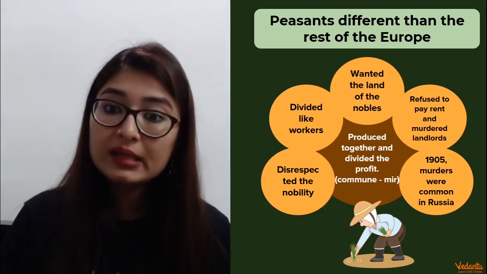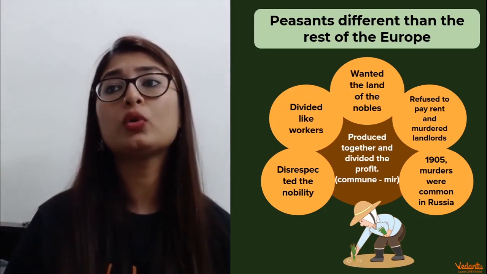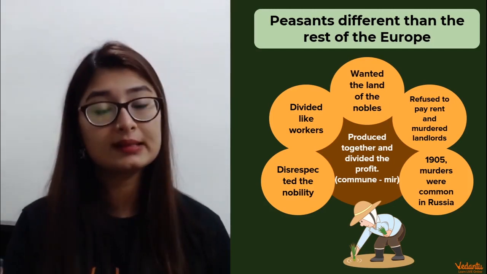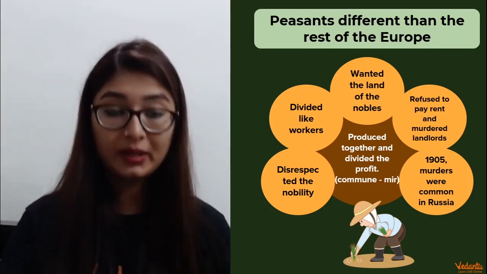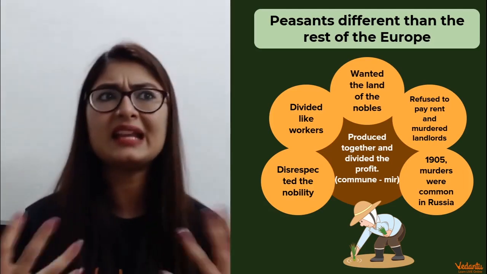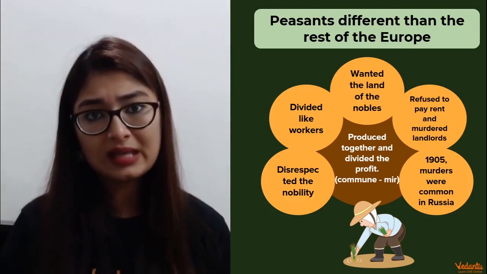And how do we know this? They would outrightly say no to paying rents. They wouldn't pay the rents to the nobles. They even said that they wanted all the land that belonged to the nobles and the Tsar to be given to them, because anyways they are cultivating it, so they deserve the land for themselves.